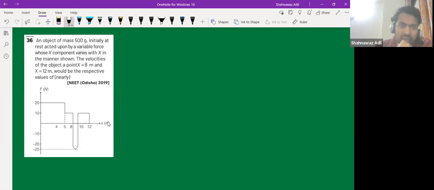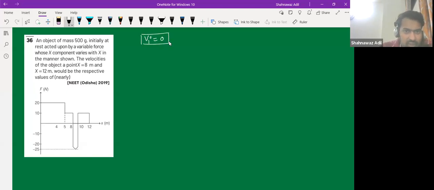Yeah, area would give you what? Area gives the work done. So the area of the region under the graph would give you the work, right? Yes, sir. So from the graph, we can calculate the work done, right? And it is starting from rest. So we know that v initial is 0, right?